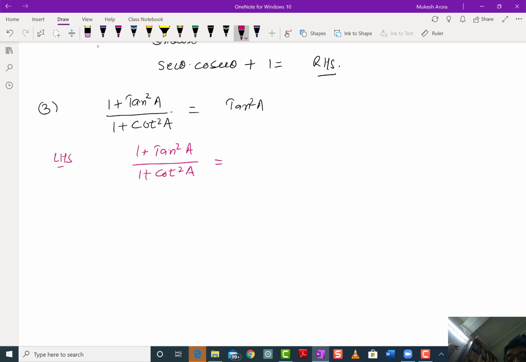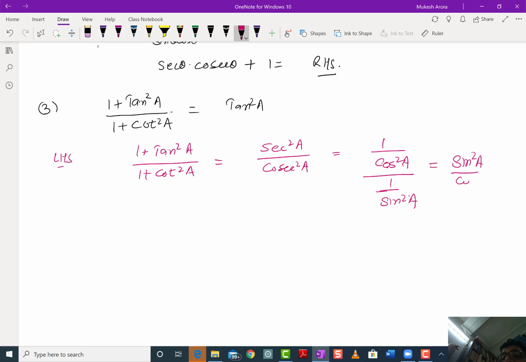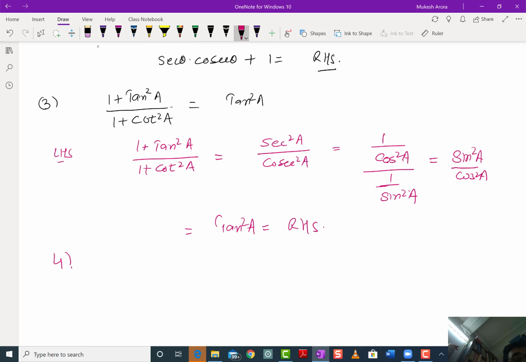So 1 plus tangent square is secant square A and this is cosecant square A. That means this is 1 upon cos square A and 1 upon sin square A, which is sin square A upon cos square A, which is equal to tangent square A, which is RHS. Always you have to go by the fundamentals.